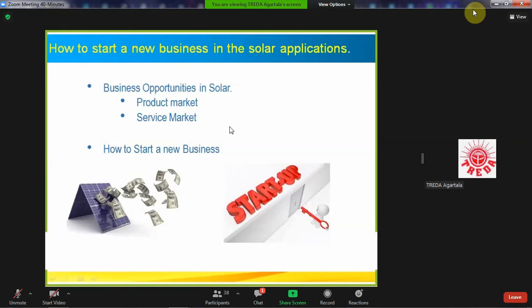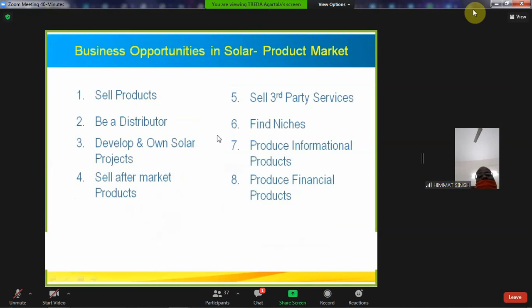So what are the main functions of entrepreneurship development, that is given in the chart. There are so many items such as sell products, be a distributor, developer, own solar projects, sell aftermarket products, find niches and produce information products, produce financial products.